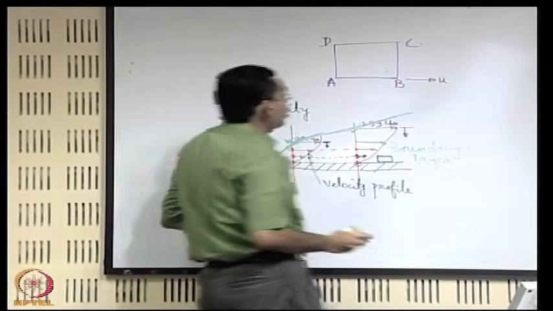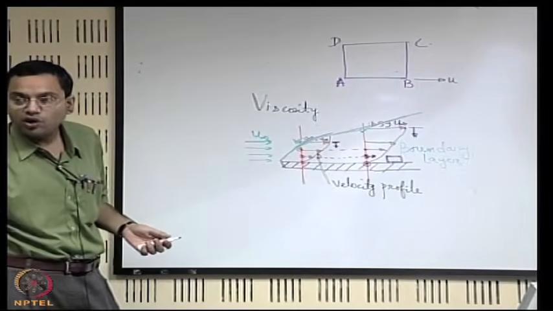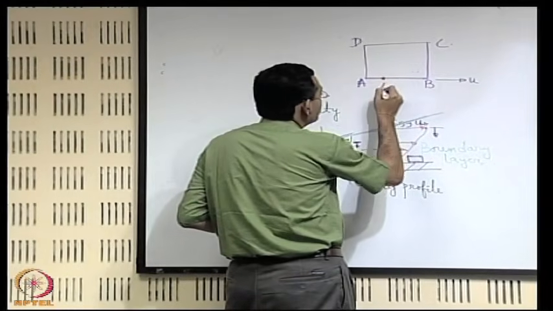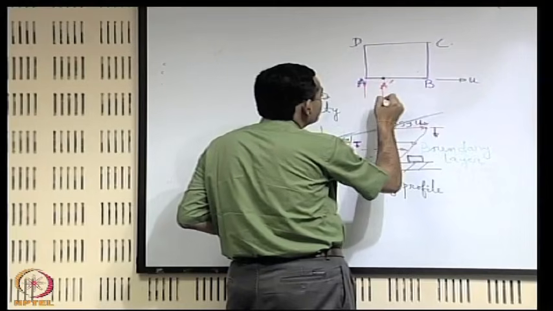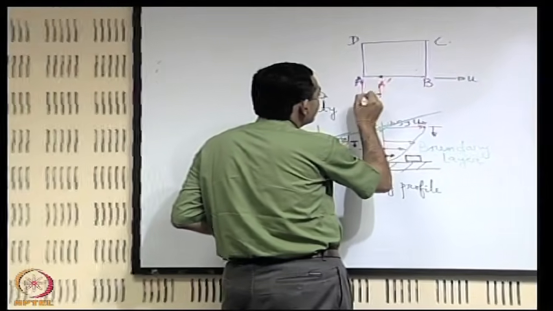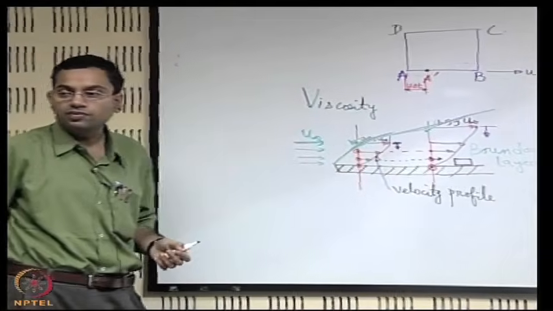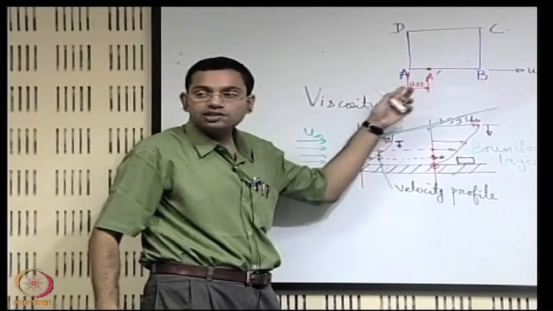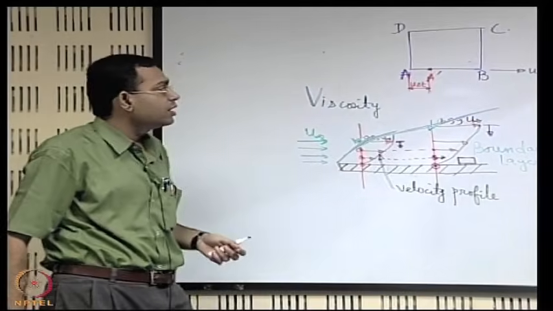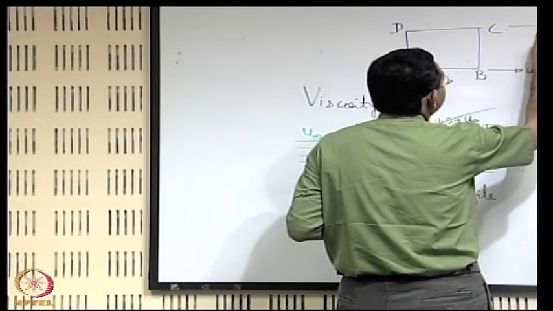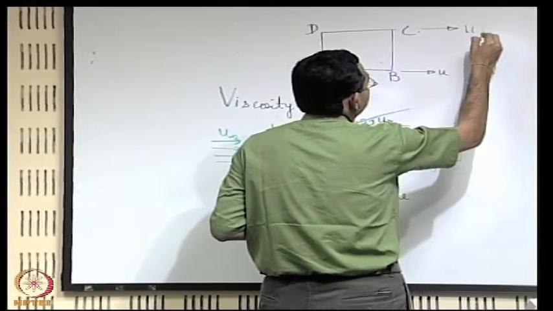Since this moves with a velocity u, if we consider a small time interval of delta t, A will move to a position, say A prime, with a velocity of u, so that the displacement is u into delta t. Now, the upper layer, say, is moving with a velocity of u plus delta u.